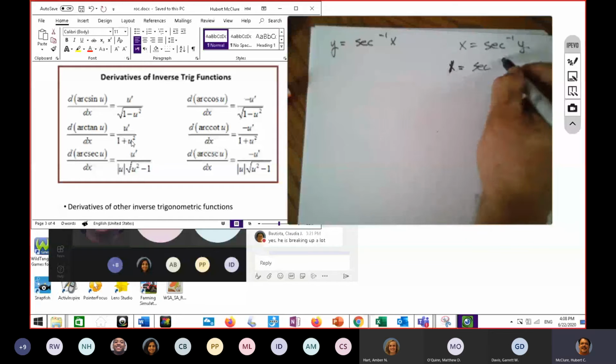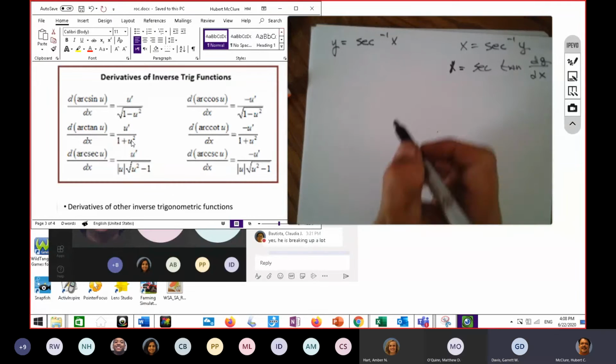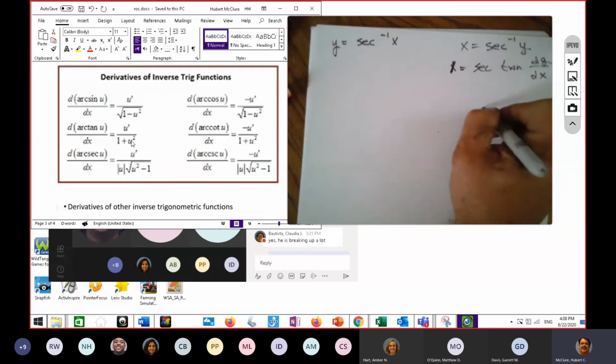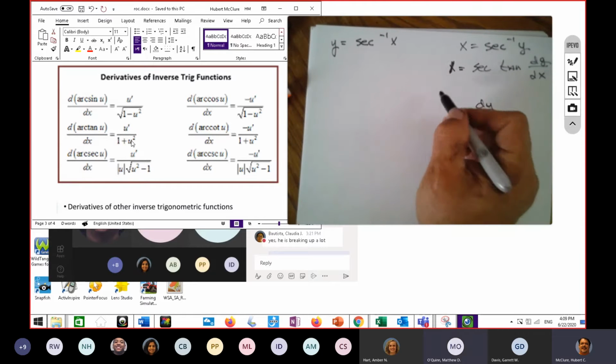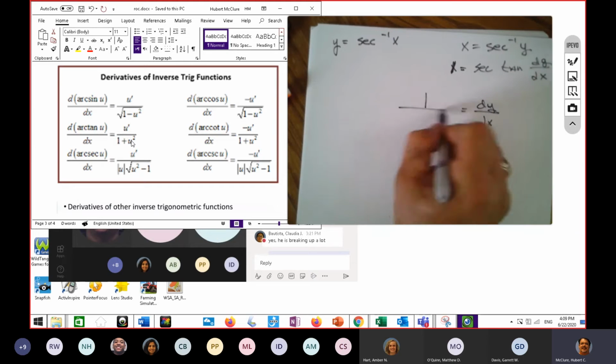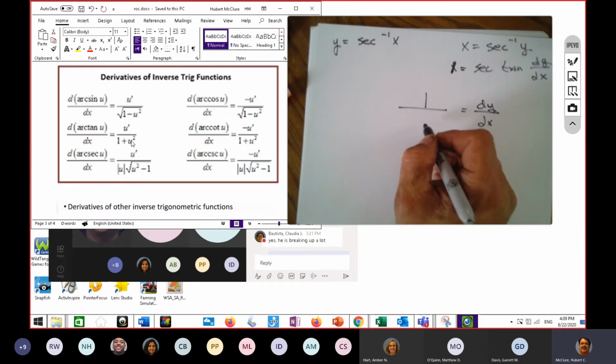And if you solve for the secant and solve for the tangent, you're going to get dy dx equal to 1 over the square root of x squared minus 1.